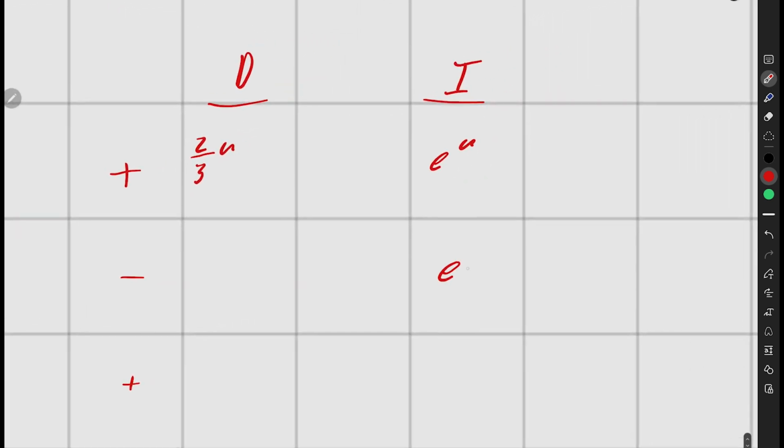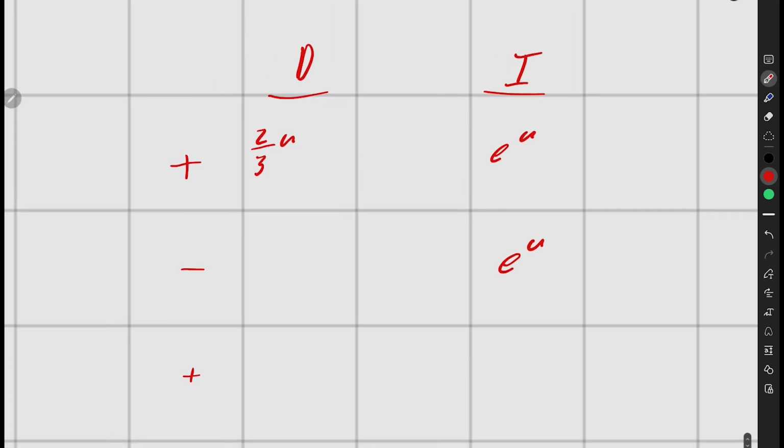When we integrate e to the u, again we just get e to the u. When we find the derivative of 2 divided by 3 times u, it's just 2 on 3. We're left with a row that only contains one function of u, which means that we're going to be able to find the integral of this row, which is one of the 3 stops that we need to do.